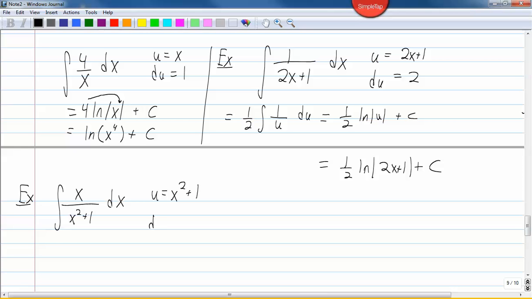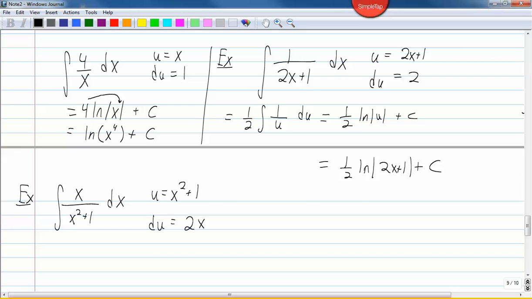Find your du. So du equals 2x. Now, the variable part, since I do have a variable part in my du, has to be up top here. This x has to be in the numerator, x to the first. If it's not, then something's wrong.